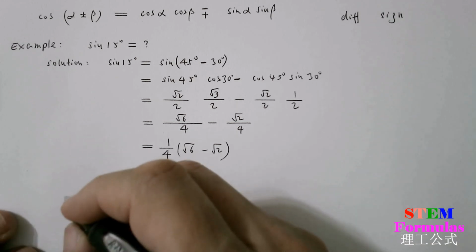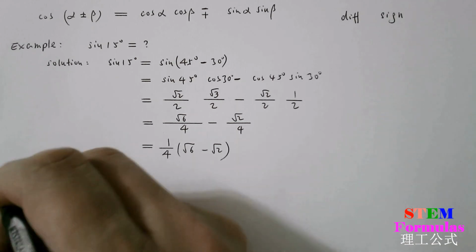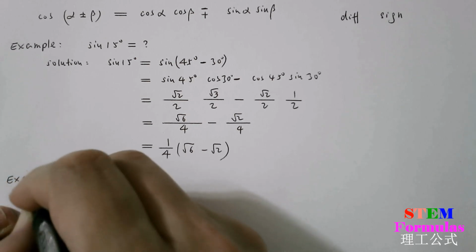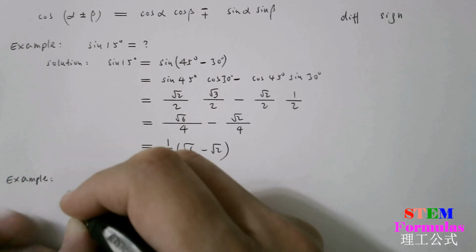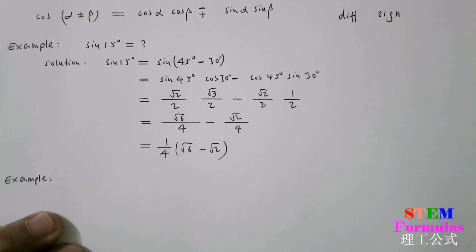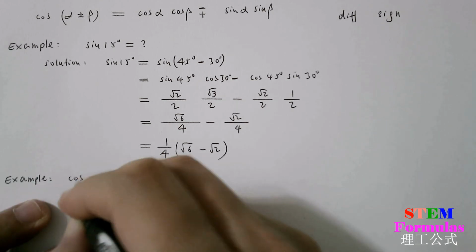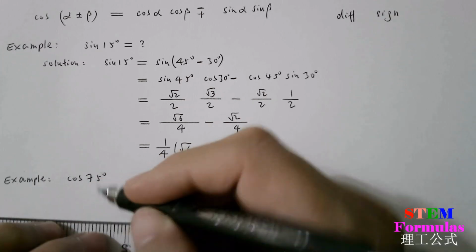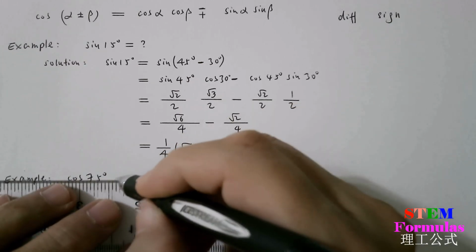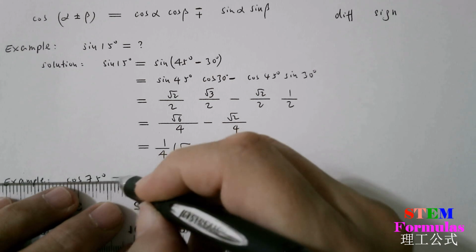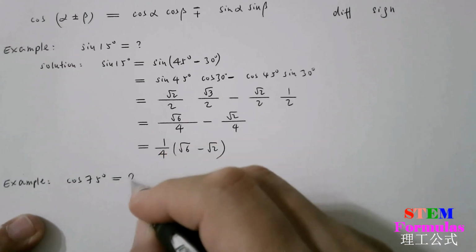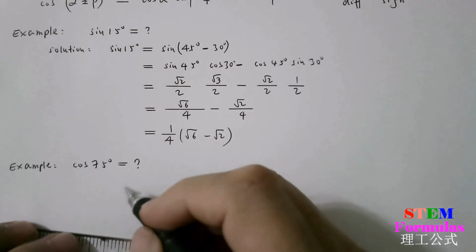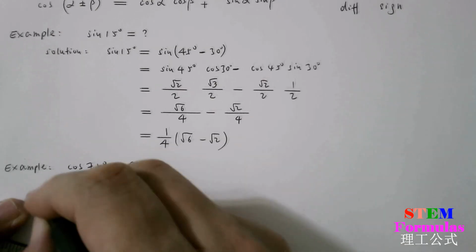Now, another example. What is cosine 75? Cosine 75, we can write down as follows.